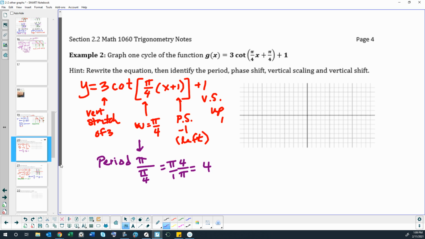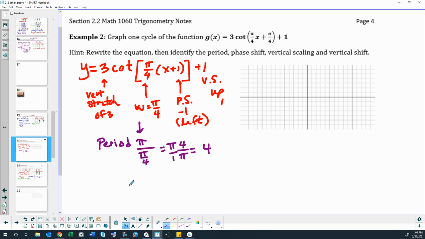Okay, now let's see what that does to the asymptotes as well. So the asymptotes are normally at integral values of pi. So, like, we would have an asymptote at pi, so we would divide that by pi fourths. So that's going to be at x equals 4, because it'll do the same thing the period did, right?